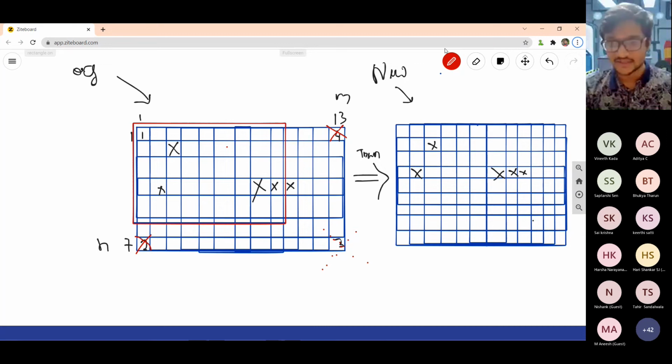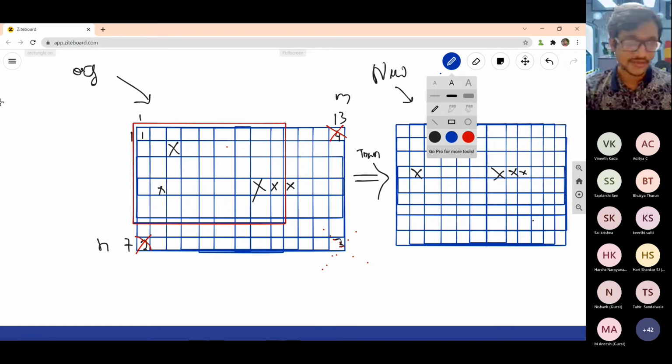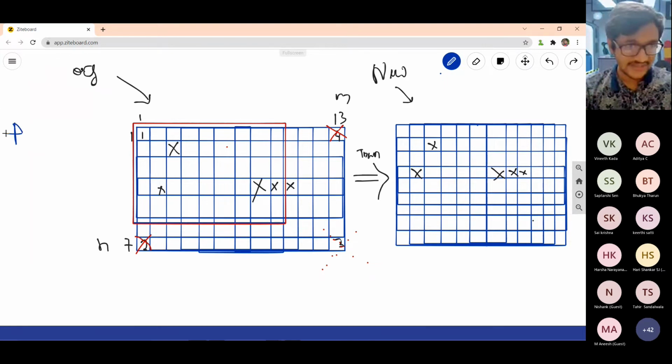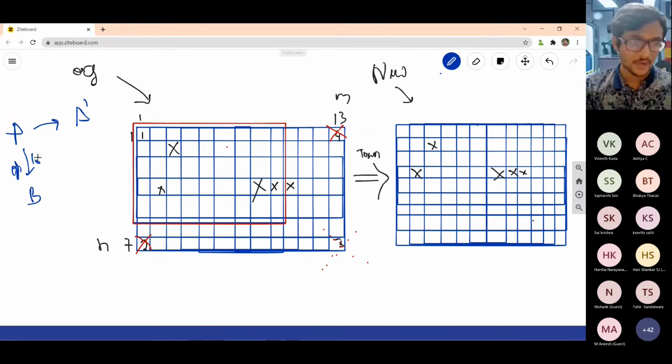So maybe I will just write it up for more clarity. There is A, and we applied the transformation and it became A prime, right? Now suppose we apply an operation on A and it becomes B. Now we know that there are a lot of changes in it, equal to x times y, the size of the subrectangle.